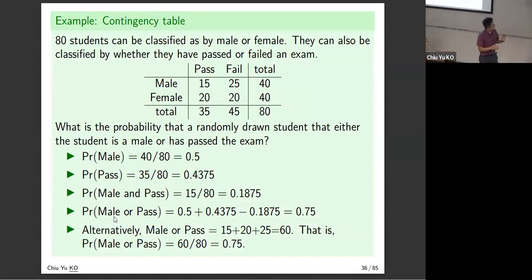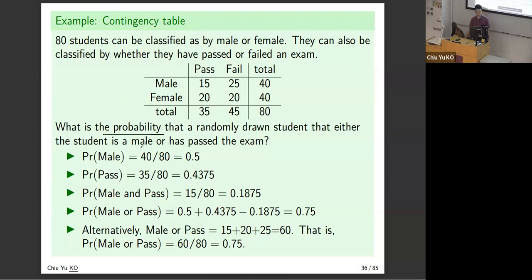So this is the course correlation table we covered last class. In the first class, we have 80 students, and we divide them into male or female, pass or fail. Here we illustrate how we can use this to do AND. The question is, what's the probability that a randomly drawn student is either male or passed the exam?